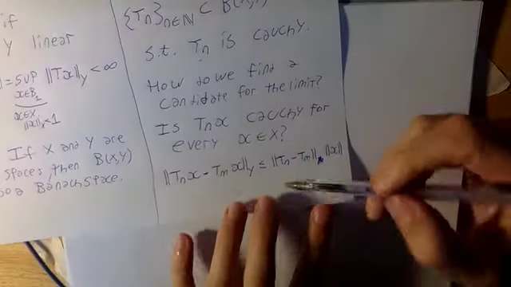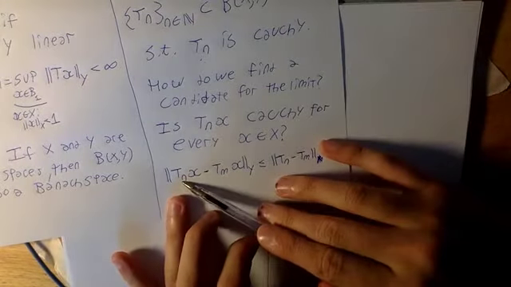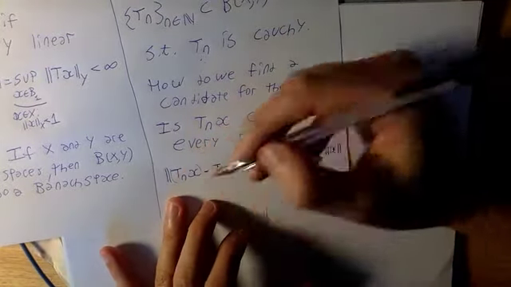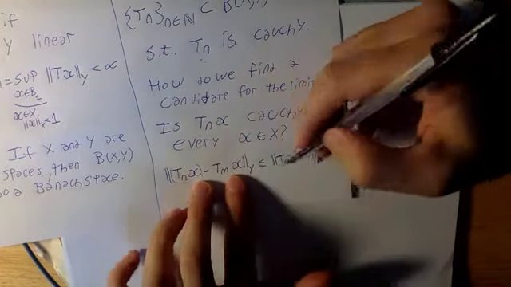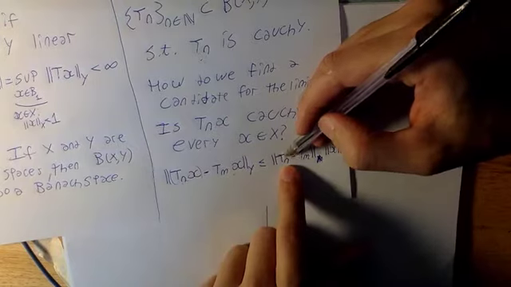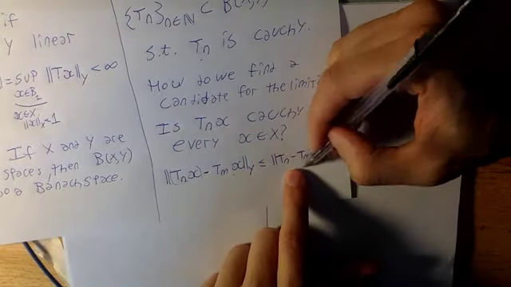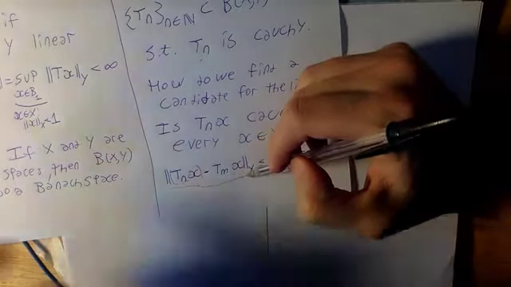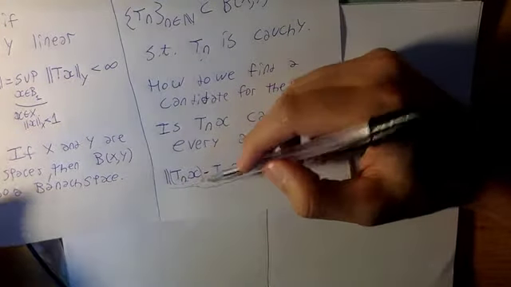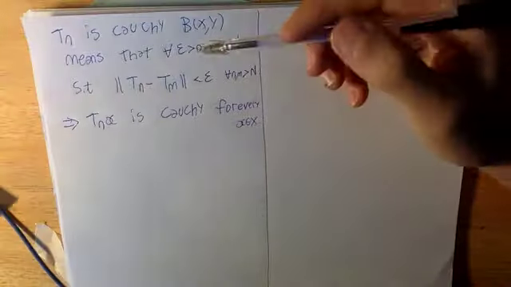Okay, this follows from this inequality here, because now we are looking at the sequence Tn of x minus Tm of x. This is less or equal than the norm of Tn minus Tm, which can be made arbitrarily small.